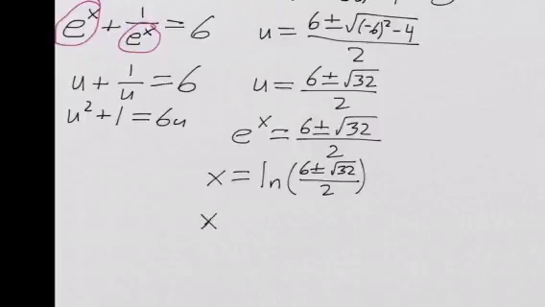Using the plus, I get 1.7627. We'll go ahead and round this to 4 decimal places.